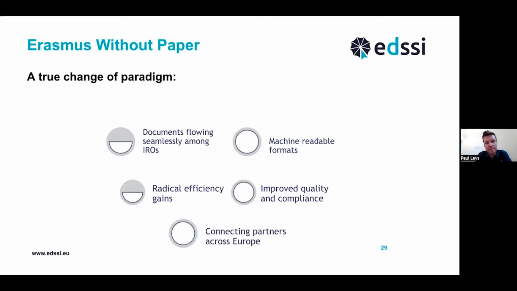And Erasmus Without Paper is really a change of paradigm, where instead of documents, data is flowing. We exchange information in machine readable formats. Of course, some of the cornerstones there are that we gain efficiencies, but also quality and compliance with the program rules will become better. And also very important is that we aim to connect partners across Europe.